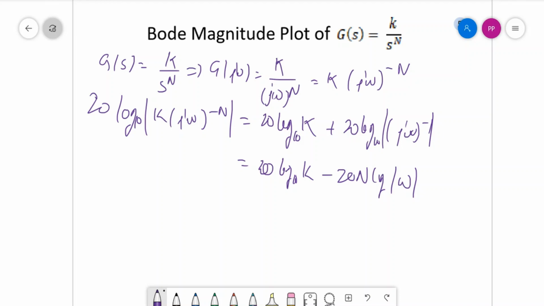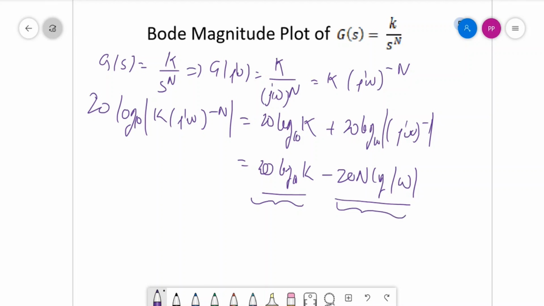So for this, how should the Bode plot come? You can check that the k portion will not contribute anything to the phase, but the j omega portion will contribute n times minus 90 degrees in the phase. At the same time, the slope will depend on both of these.